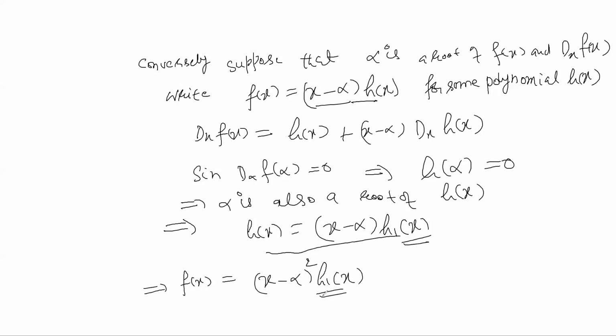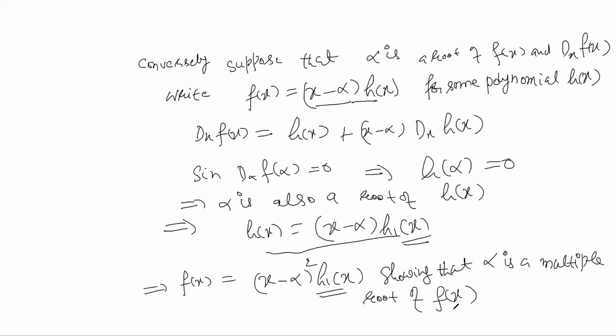So this shows that alpha is a multiple root of this polynomial f(x). So alpha is a multiple root if and only if it is also a root of its derivative.